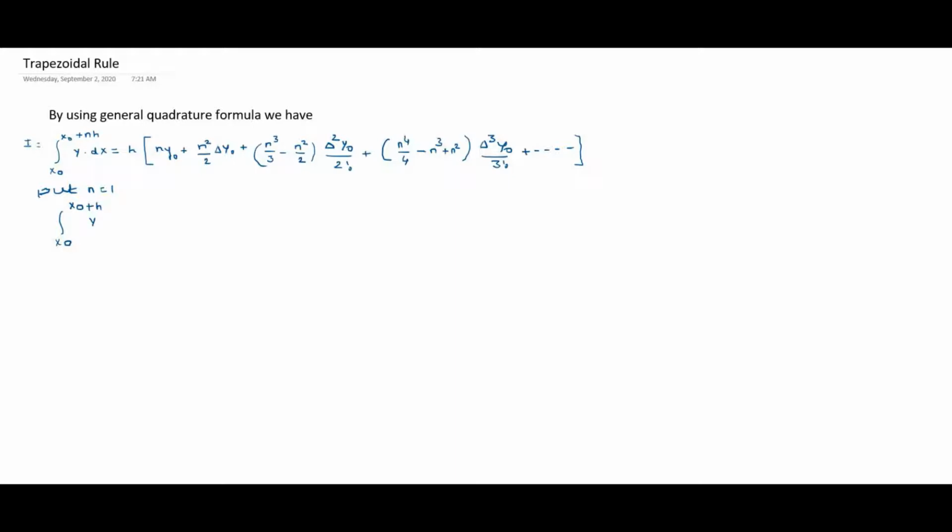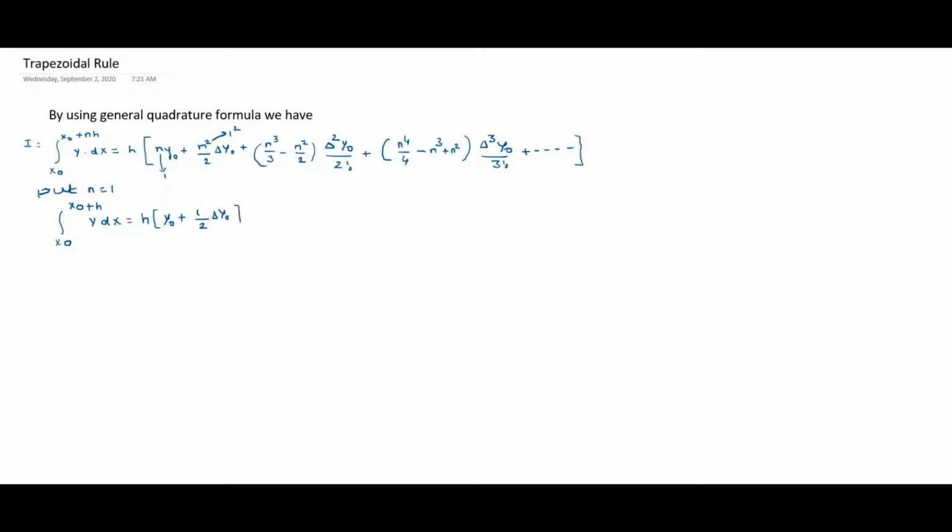The remaining term is y into dx, and in the right hand side if you substitute n is equal to 1, 1 into y naught, you will get y naught plus 1 square, and 1 square is equal to 1, so you will get 1 divided by 2 into delta y naught.